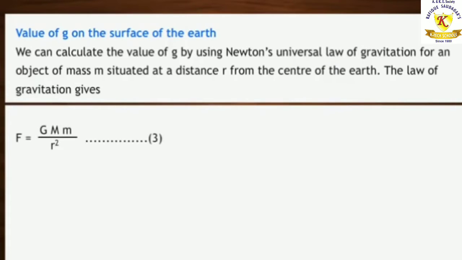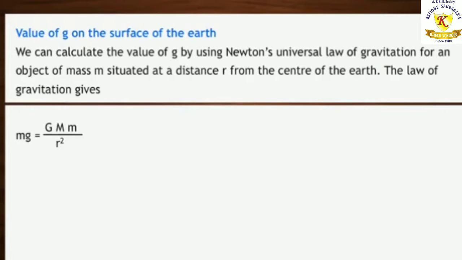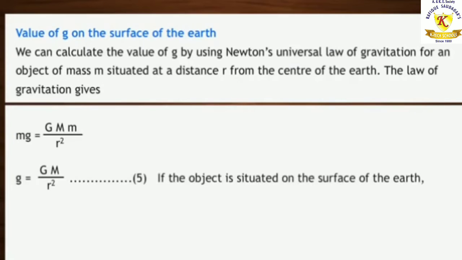The law of gravitation gives F is equal to GMm upon r square. M is the mass of the Earth, so F is equal to mg. From these two equations, mg is equal to GMm upon r square. g is equal to GM upon r square.